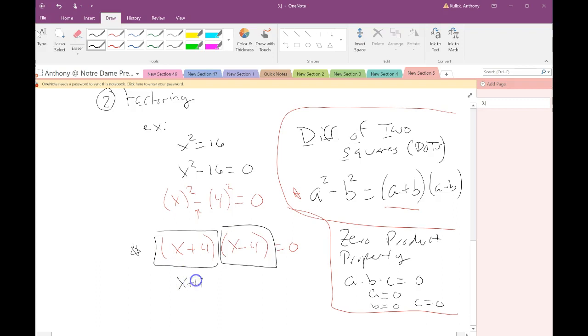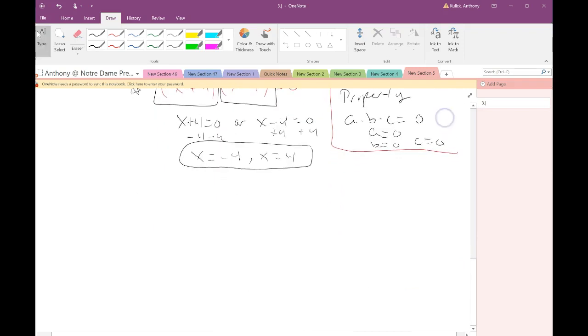So that tells me that either x plus 4 equals 0 or x minus 4 is equal to 0. So it tells me my two solutions are negative 4 and positive 4. Again, a reasonable method, a useful method.